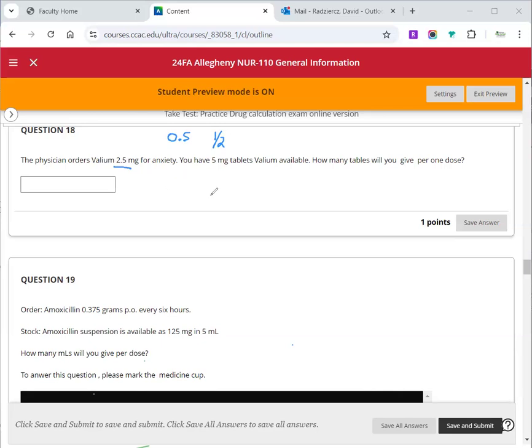I'm pretty sure they just want you to put the decimal answer, but just pay attention to it. So my order is 2.5. I have 5 milligram tablets available. 2.5 divided by 5 will give me 0.5. Again, I'm not writing the units because I don't think we're supposed to.